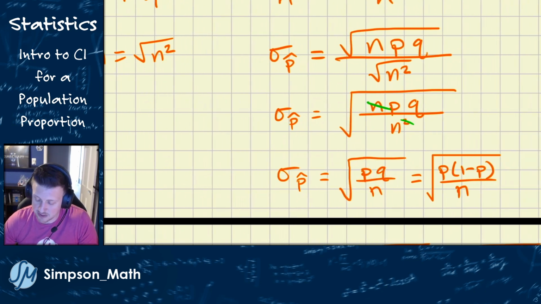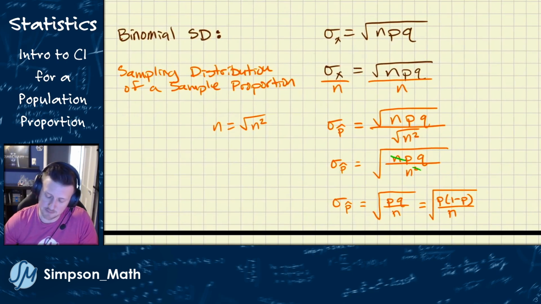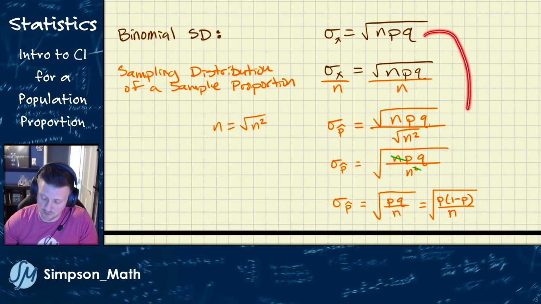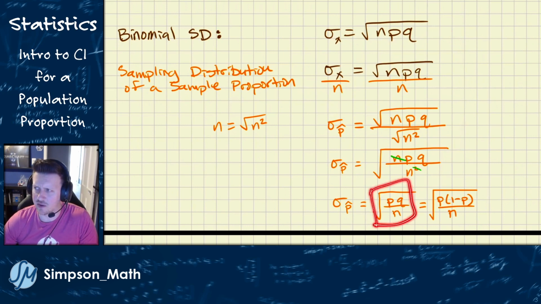In terms of just p, it would be the square root of p times 1 minus p, over n. It's using the binomial formula, but more importantly, this formula is a little nicer and cleaner than dealing with the other one, and you'll see this one in the textbook.